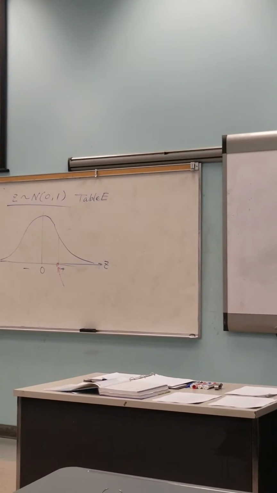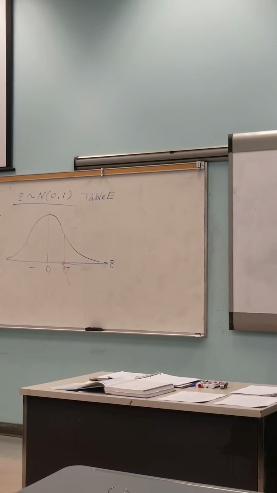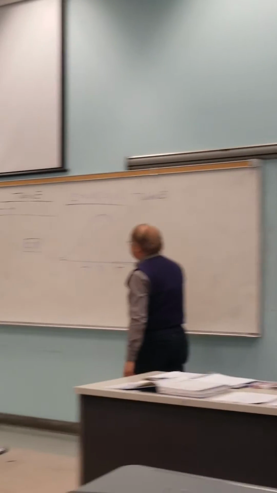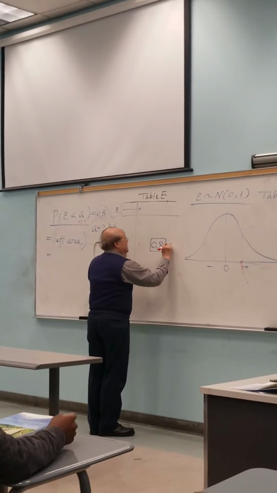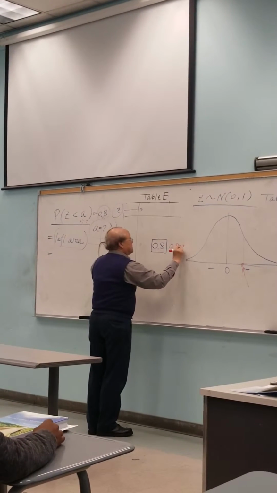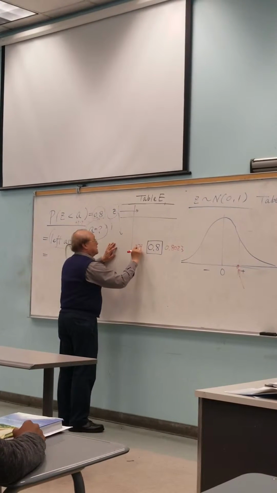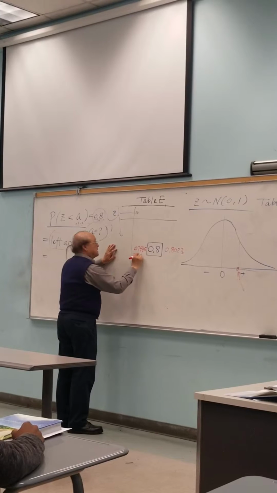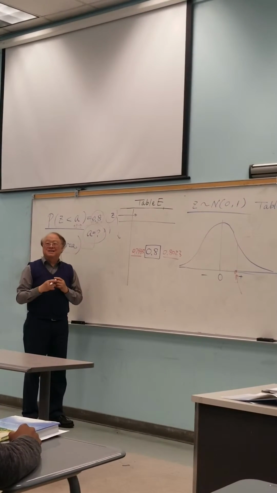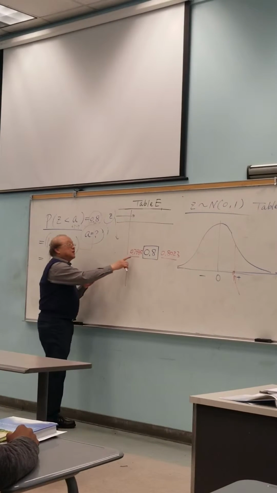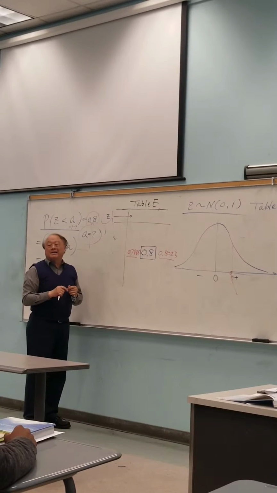Have you found the closest left area to this point? 0.7995 and 0.8023. Do you find these two? Yes. These two are the closest to 0.8, right?